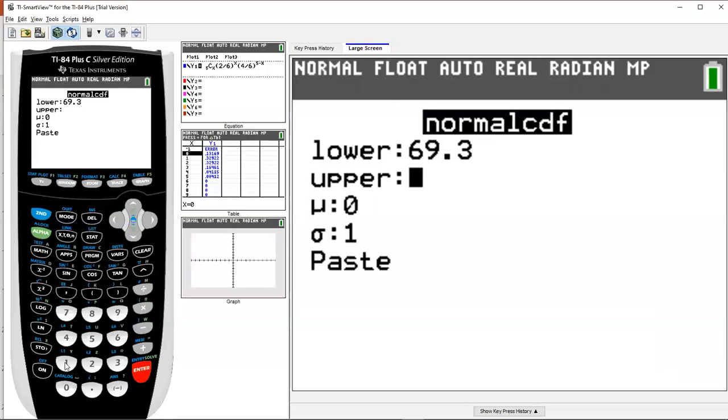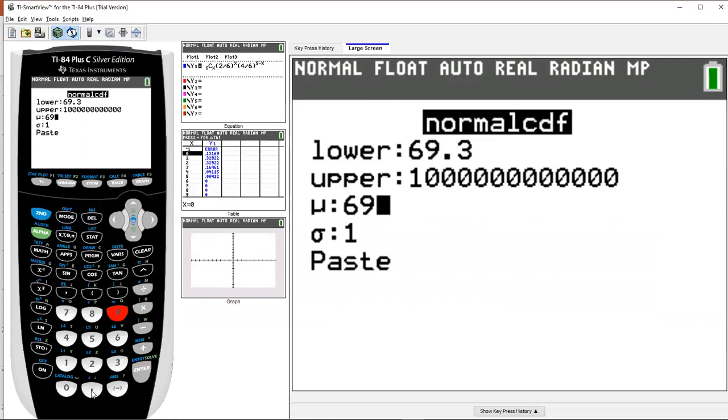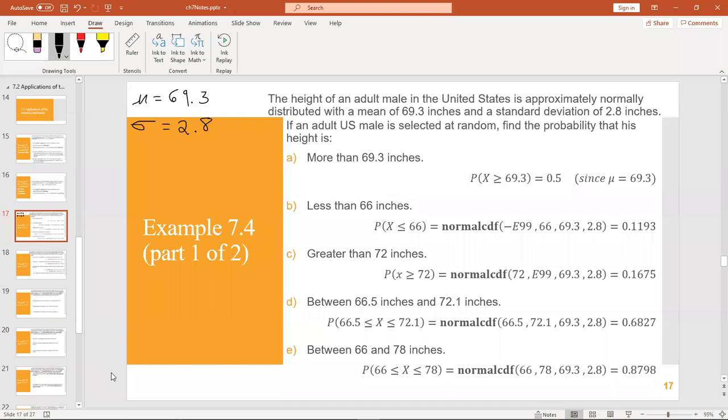The highest it's going to be, they don't give us an upper limit, so we'll just put a really huge number. 1, 2, 3, 4, 5, 6, 7, 8, 9, 10, 11, 12. That should be plenty. The mean is 69.3. The sigma is 2.8.